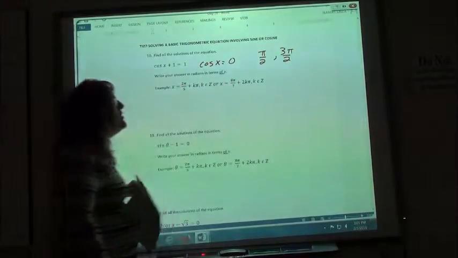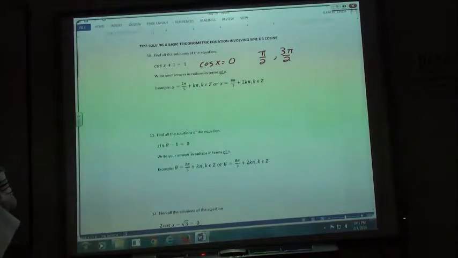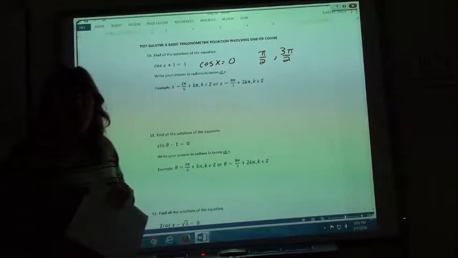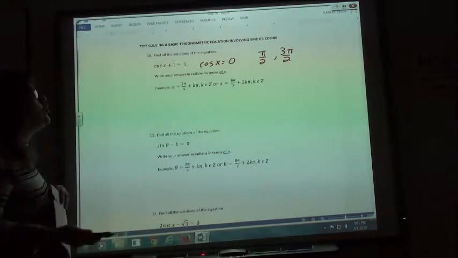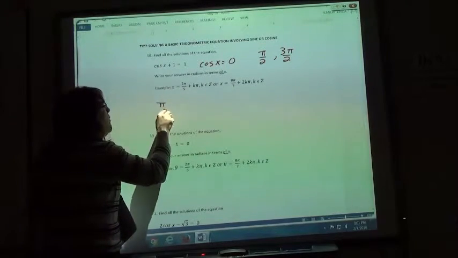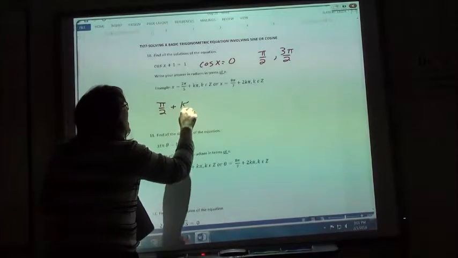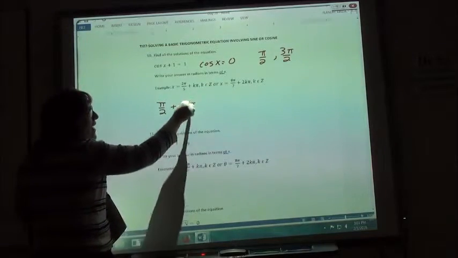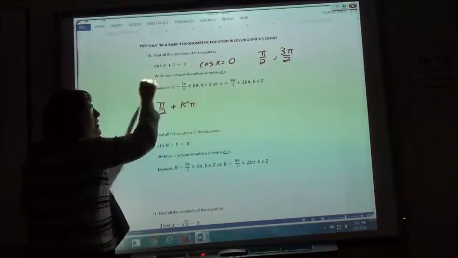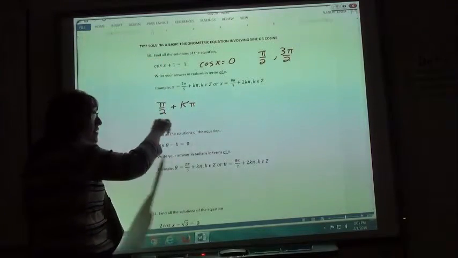But notice those are exactly 180 degrees apart. Pi over 2 is 90, 3 pi over 2 is 270. So instead of writing two separate answers, we can combine this into one answer, starting with our pi over 2 plus k pi. I'm going to go 180. So if I add 180 to this, I'd be at 3 pi over 2, and then I just keep going half a circle, half a circle, half a circle.